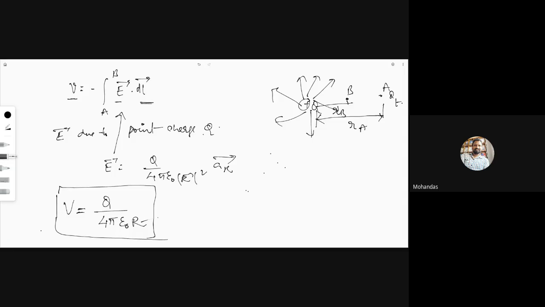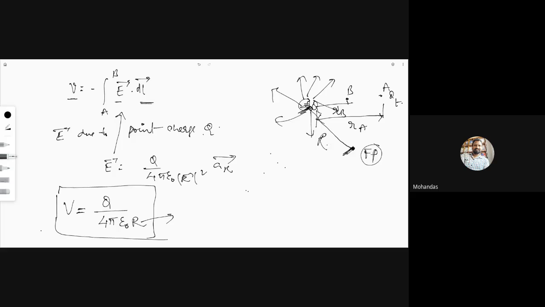Where this R is the distance between what? The location of the charge to the field point. Suppose the field point is here, R is the distance between the location of the source to the field point.